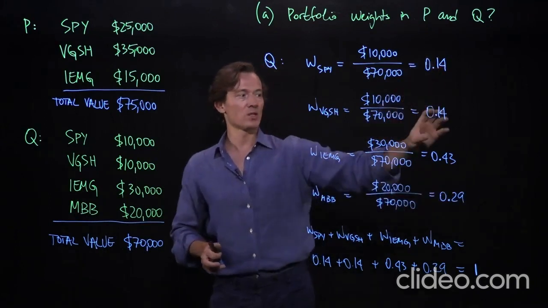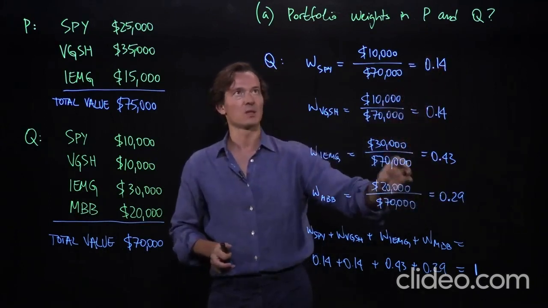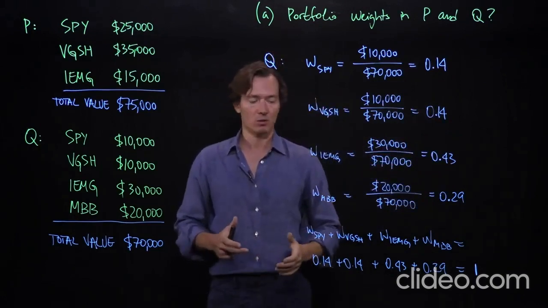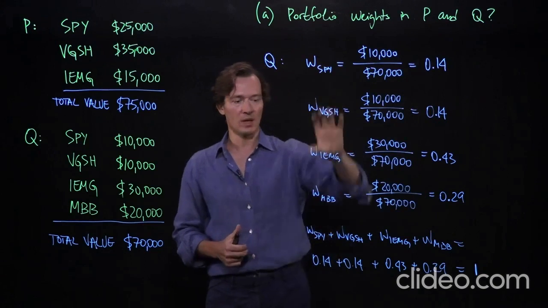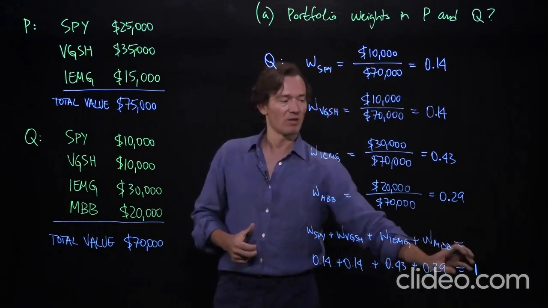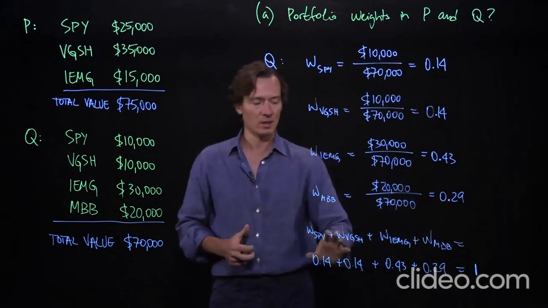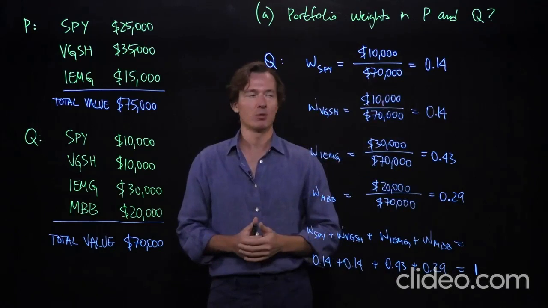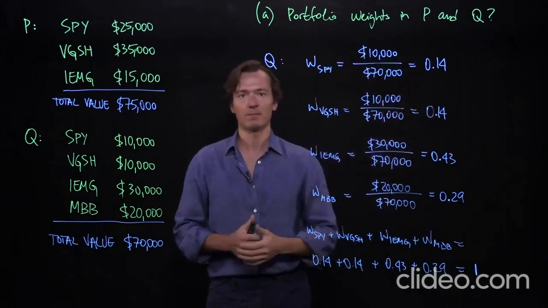So these are the weights of each of these four assets in the portfolio of client Q. Again, just to check, we can add them all up to verify that they add up to 1, and this indeed is a portfolio, so that we haven't made a mistake computing any of the weights here.